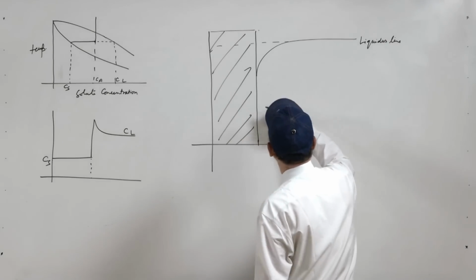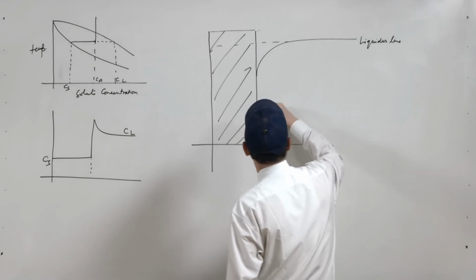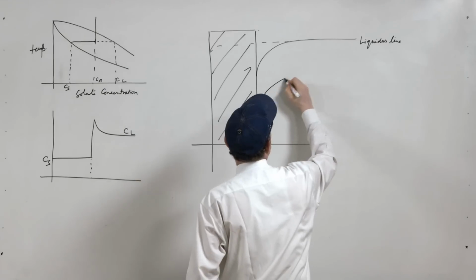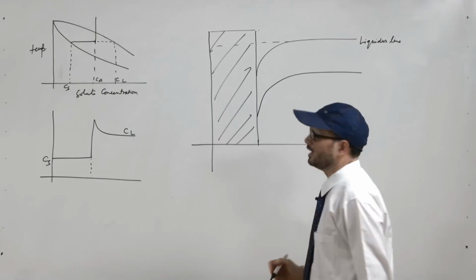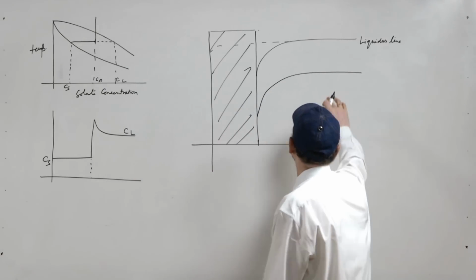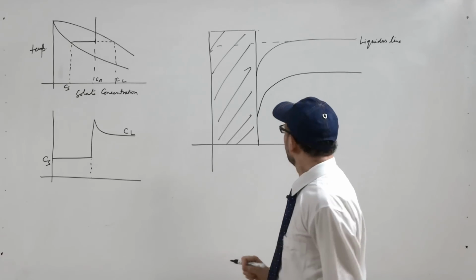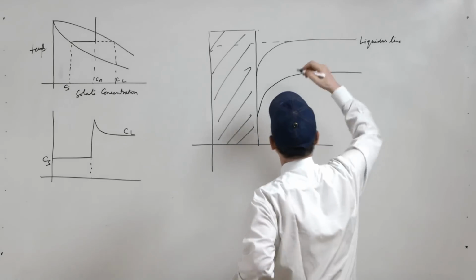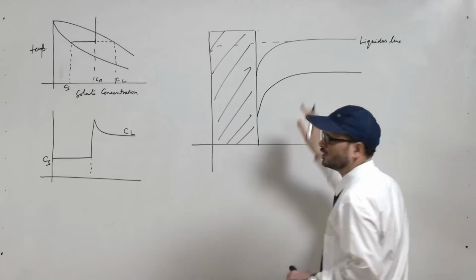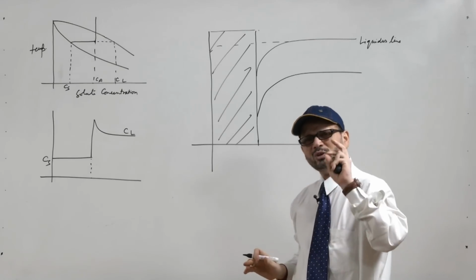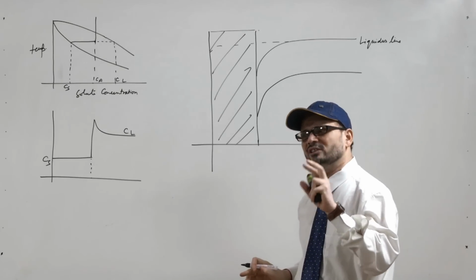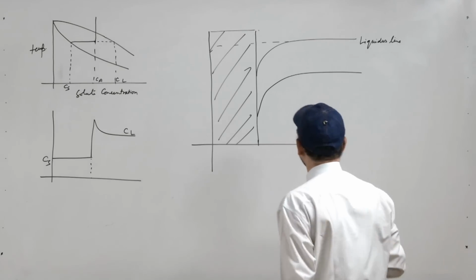Now, once your liquidus line changes, your nucleation will occur according to this line. Now, what happens if this is your new liquidus line which is generated because of the change in composition.